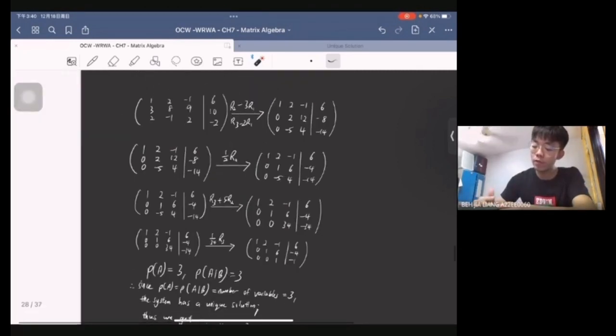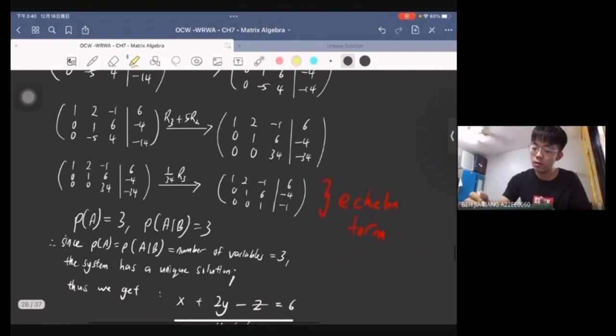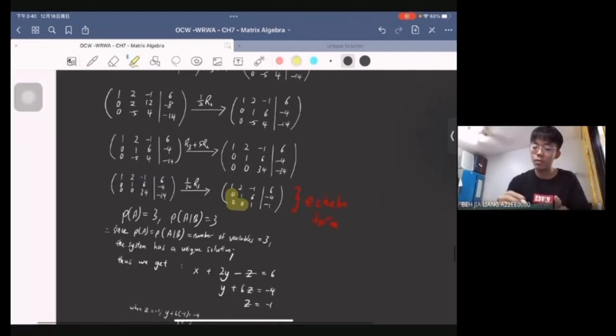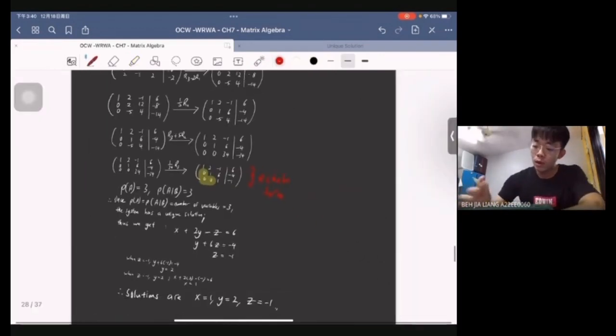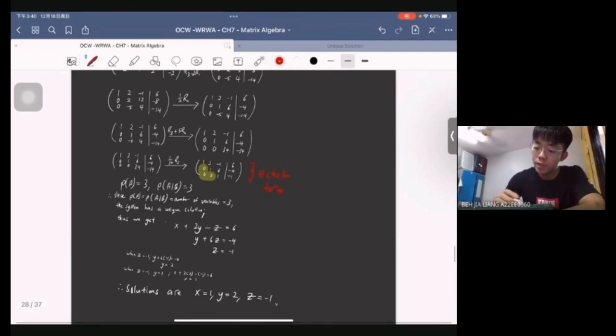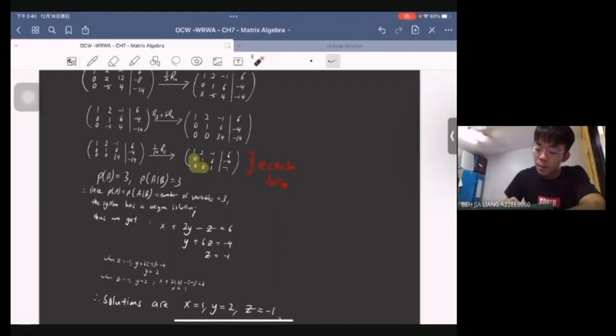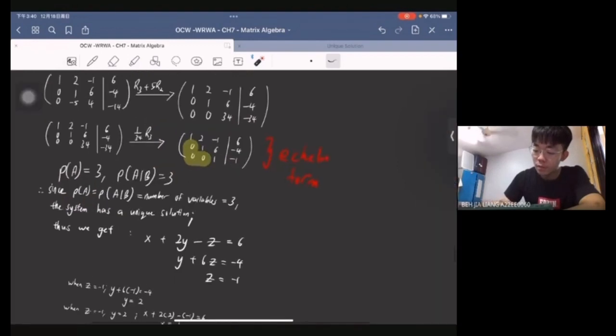So now we already have the echelon matrix form, the echelon form. As you see here, 0 this. So from this echelon form here, we can see that the number of non-zero rows in echelon matrix A is equal to how much? 1, 2, 3, right?